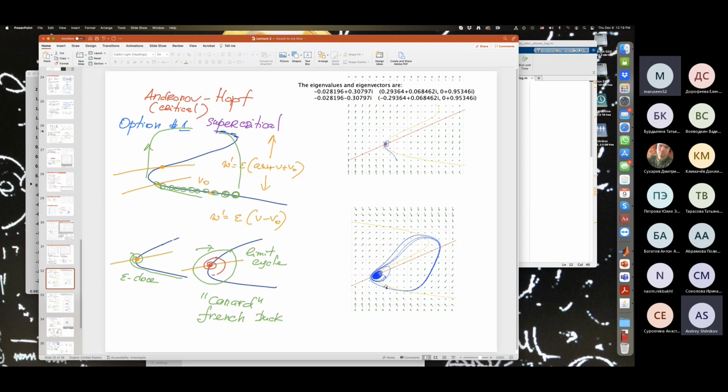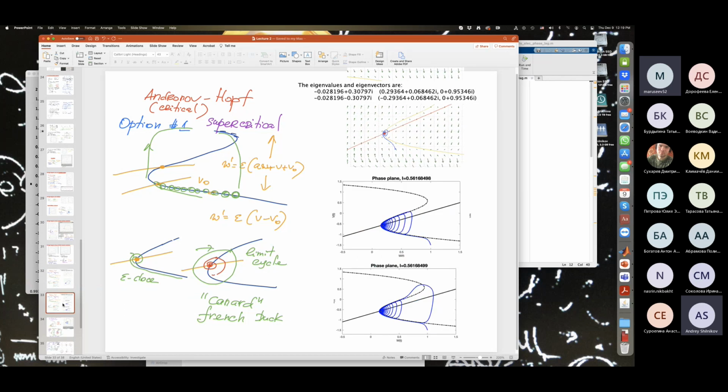The idea is that you follow the unstable branch. This branch is stable, this is unstable, and the stability of limit cycles depends on how much time you spend on a stable branch versus an unstable branch. If you spend more time on a stable branch, then the overall limit cycle is going to be stable, and vice versa.